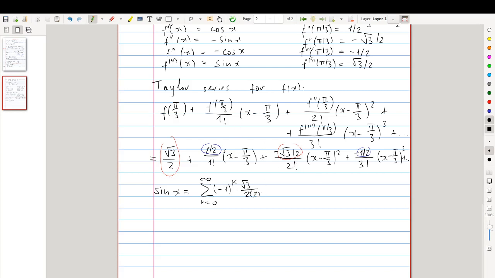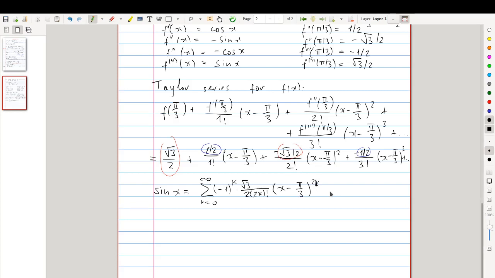I have 2k factorial in the denominator, and then everything is multiplied by x minus pi over 3 to the 2k.